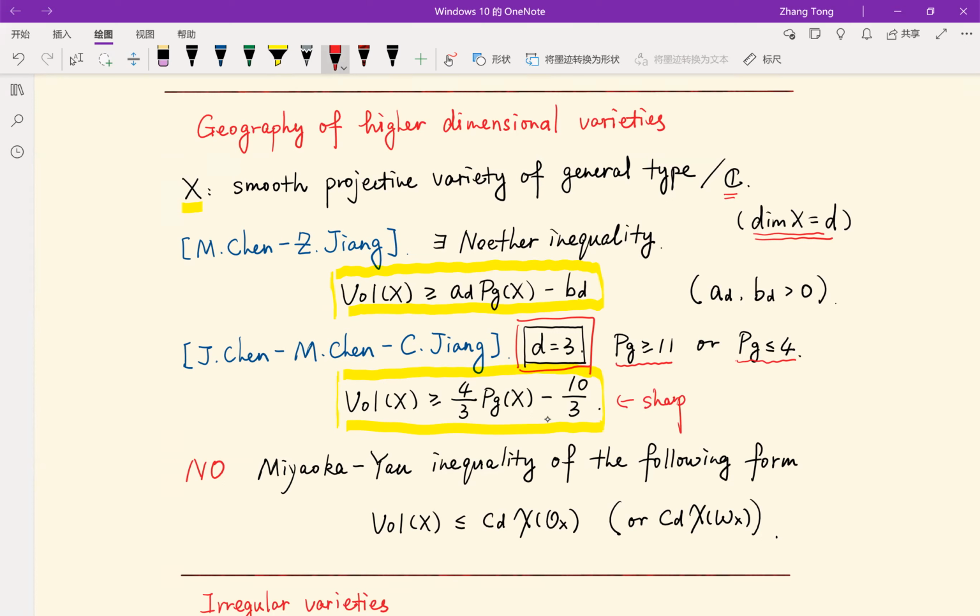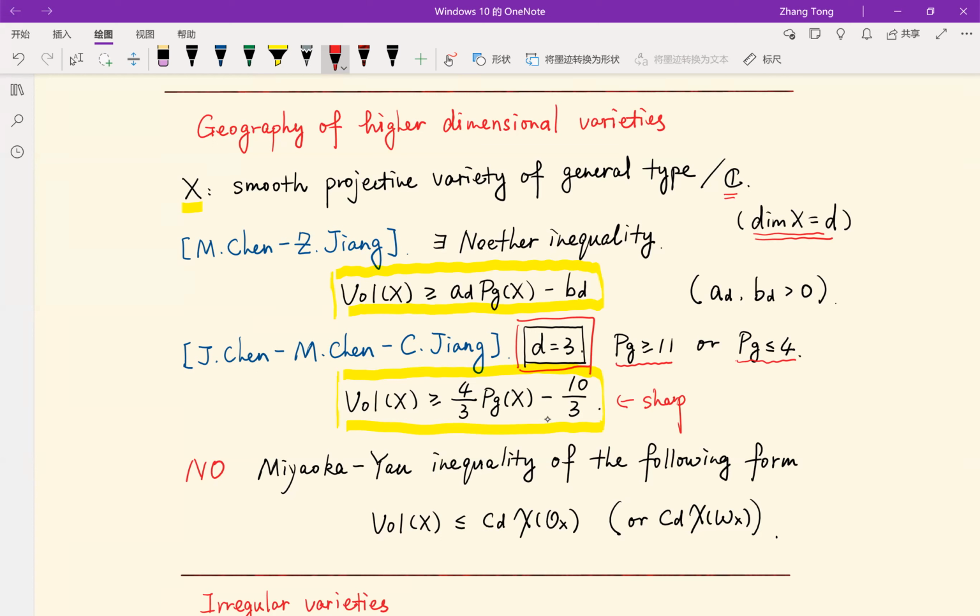Of course, before their work, I think some of the people may believe this inequality holds, because if you assume this X is smooth and minimal, or Gorenstein and minimal, which means that the minimal model has very mild singularities, this inequality has been proved, I think, by the work of Meng Chen, De-Qi Zhang, and Catanese, and later by the work of Yongjiu Chen and Meng Chen.